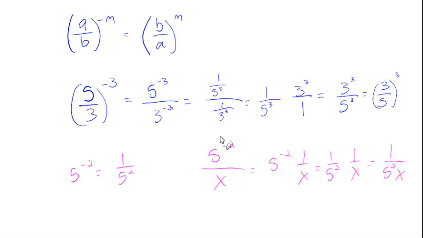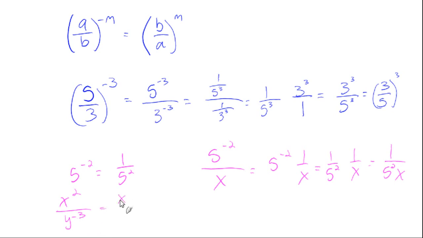Shouldn't be too surprising, because we know the property of negative exponents says that this is the same as 1 over 5 squared. What if we had x to the positive 2 over y to the negative 3? What would we do with this negative 3?